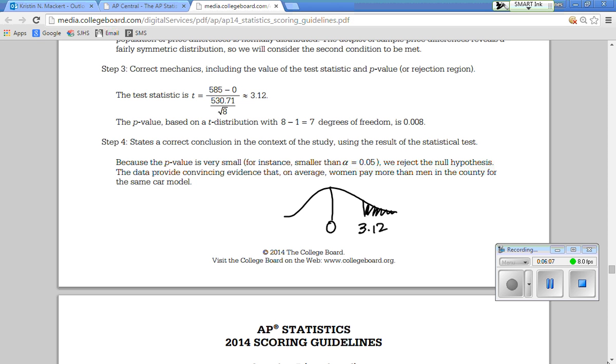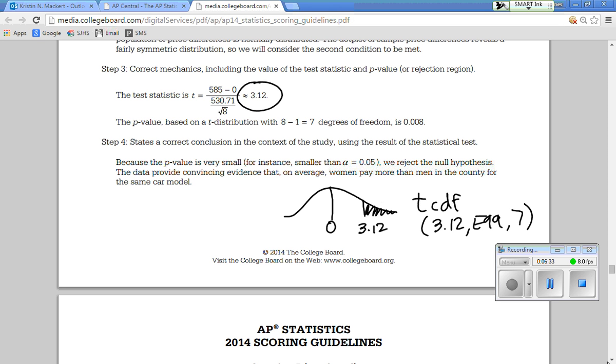When you type it in, it would be tcdf, and you would do lower bound 3.12, upper bound E99, and then the degrees of freedom, which was 7. That would give you your p-value. Lower bound, upper bound, and then your degrees of freedom. And when you use the t-distribution, you always use your test statistic.